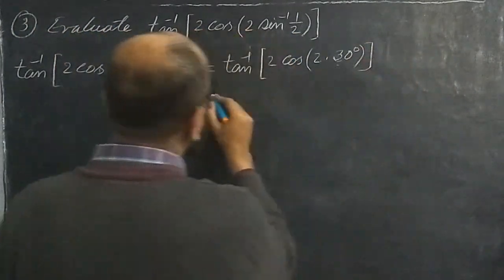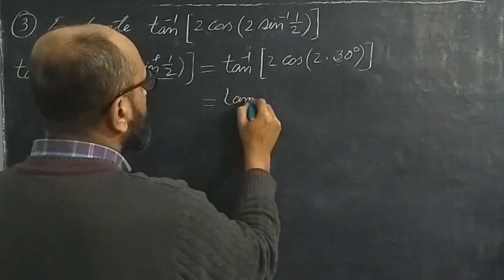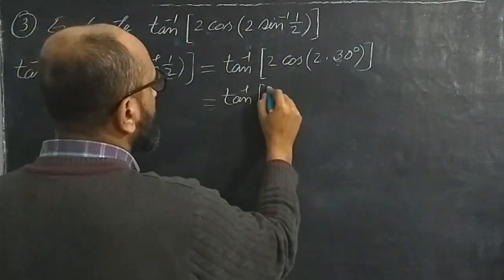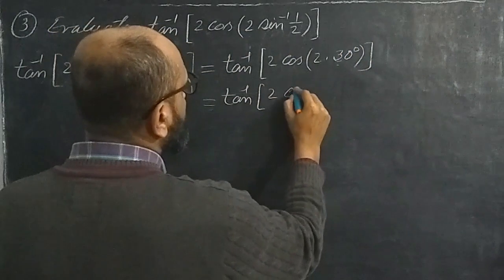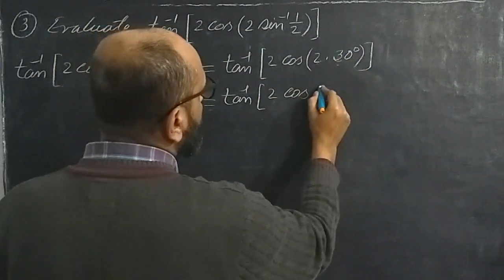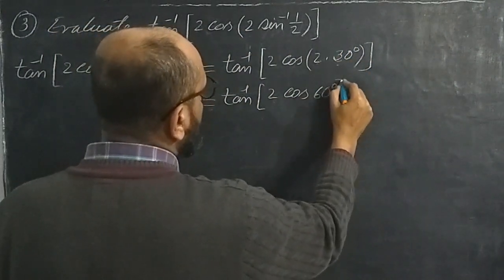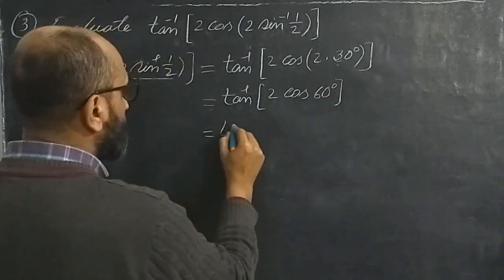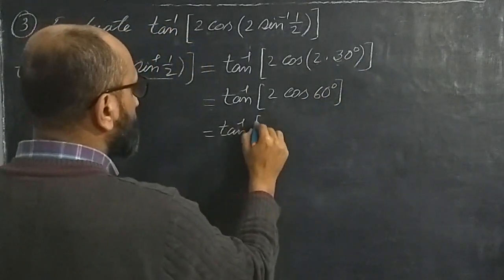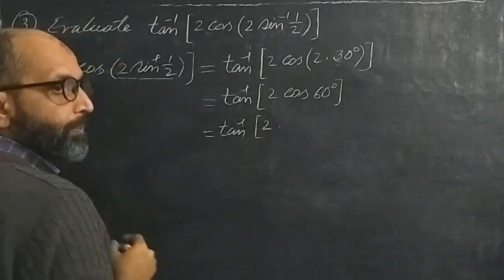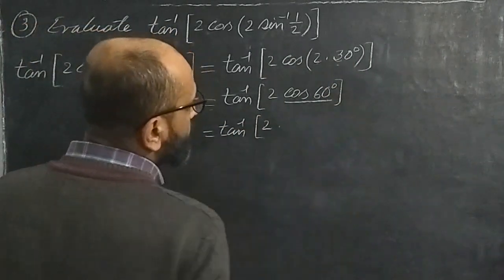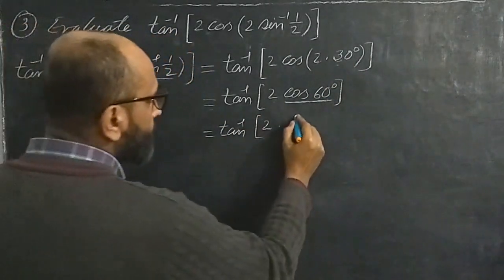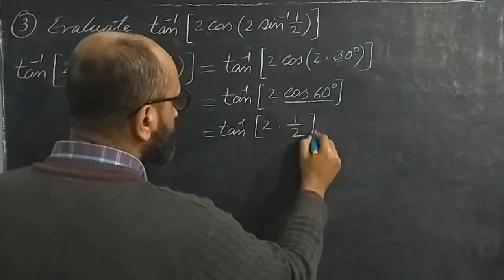So next tan inverse 2 cos 2 into 30 degree becomes 60 degree, and now tan inverse bracket as it is 2 into. Now we know well the value of cos 60 is half, so write down half.